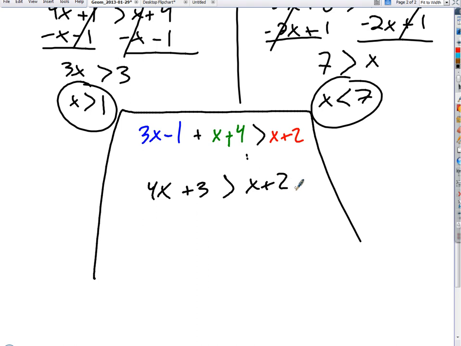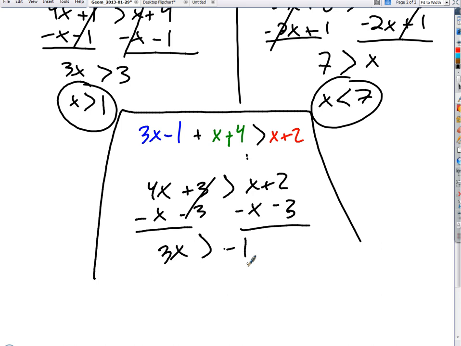So collect x's on the left, right? So we'll subtract x from both sides, subtract 3 from both sides. And I get 3x is greater than negative 1, right? So those cancel. And then divide by 3, right? So x is greater than negative 1/3. So those are the three.